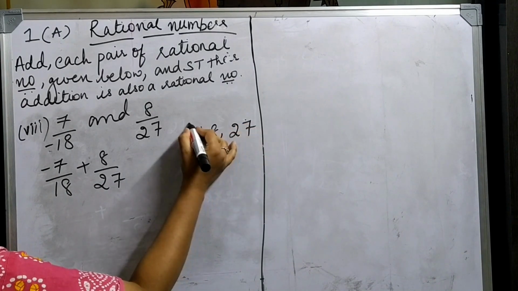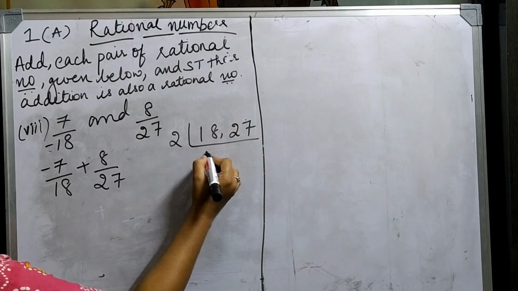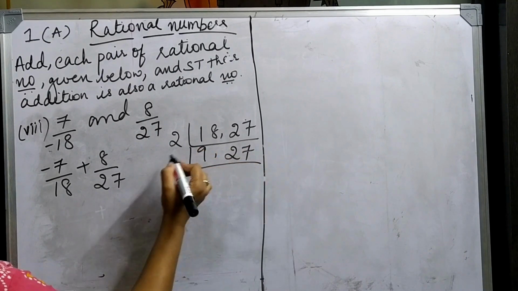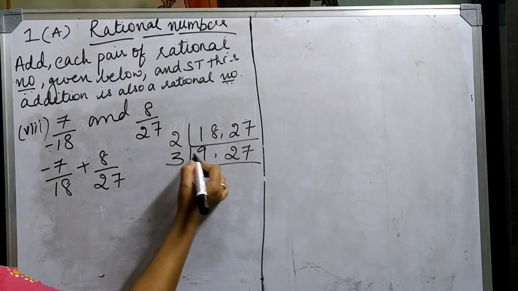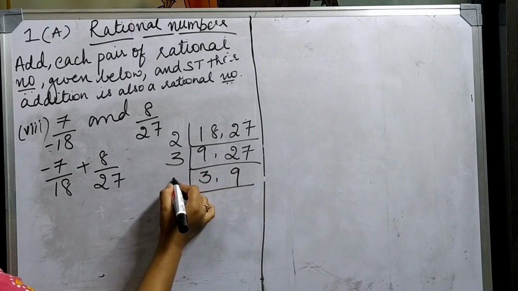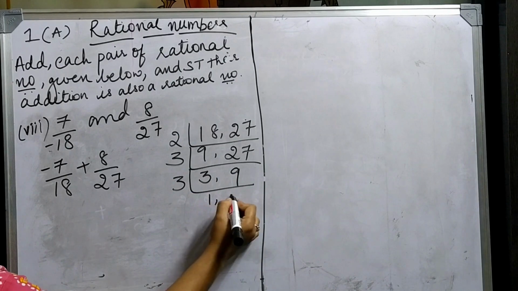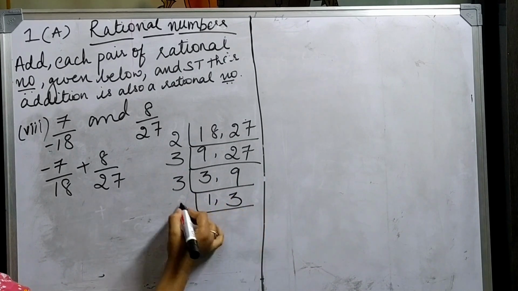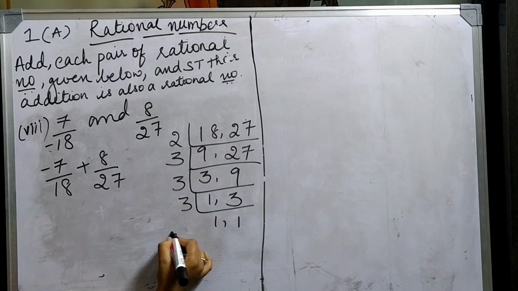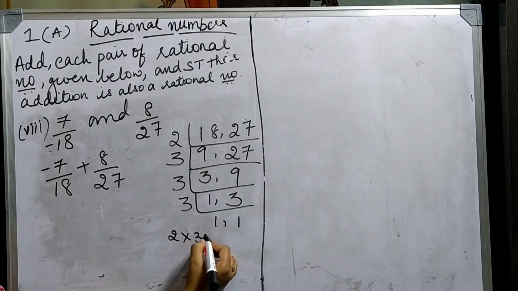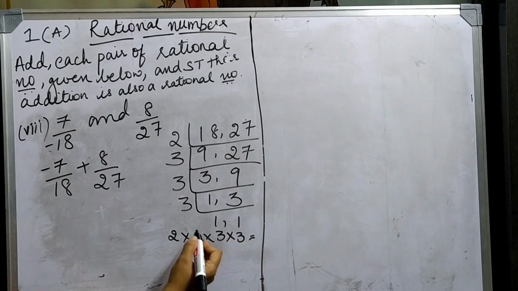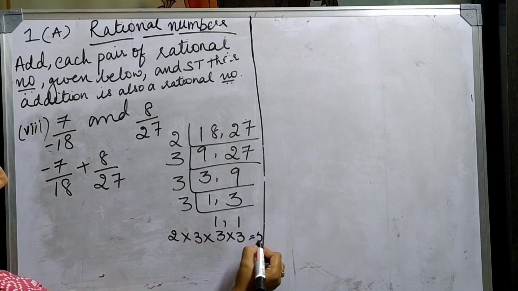We'll start from 2. 2 9s are 18, 27 is not divisible by 2. And again we'll move on to 3. 3 3s are 9, 3 9s are 27, and again by 3, 1s are 3, and again by 3, 1s are 1. So the LCM is 2 into 3 into 3 into 3, which is equal to 54.